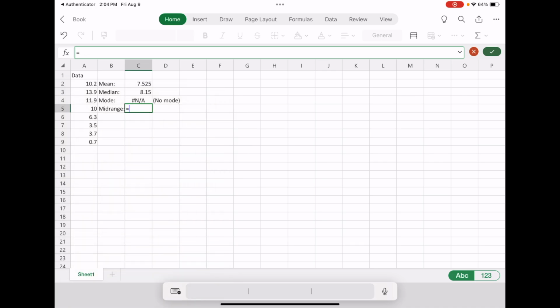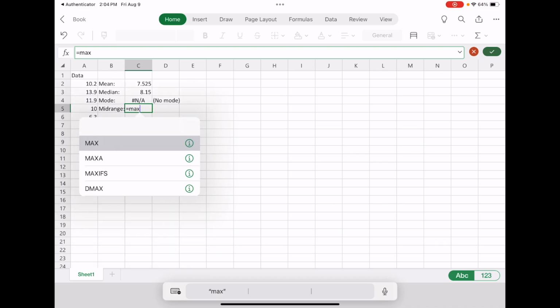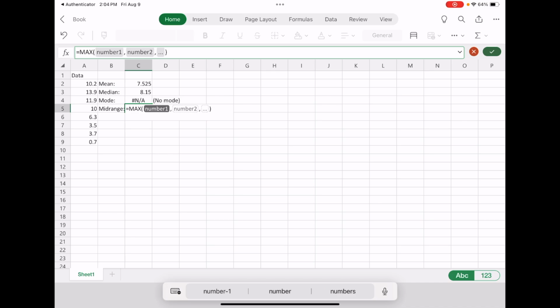What we'll do is we will subtract the maximum, the max of this data set. Not subtract, sorry, add. And take the max, close parenthesis, plus, now Excel always gives me some trouble.